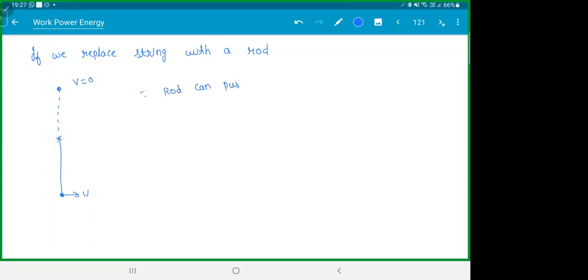Since the rod can push and pull, at the highest point we can have tension 0. In this case, we get u minimum is root 4 GL. Be careful, rod and string results are different. Do check it out.